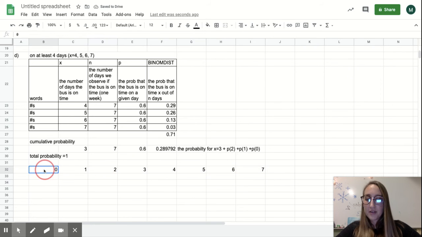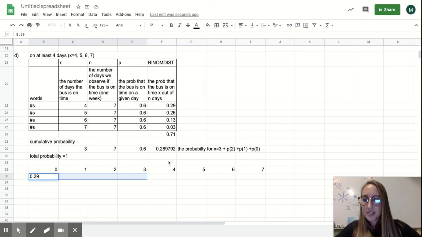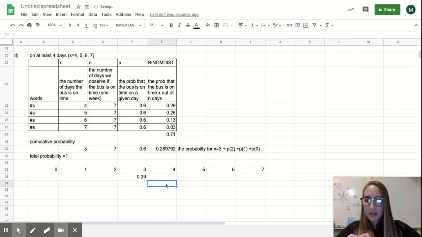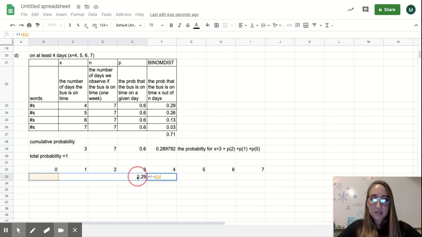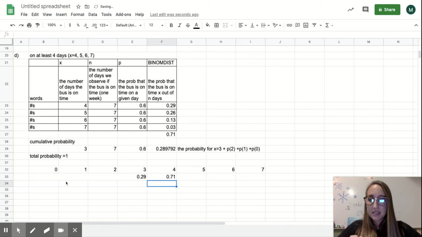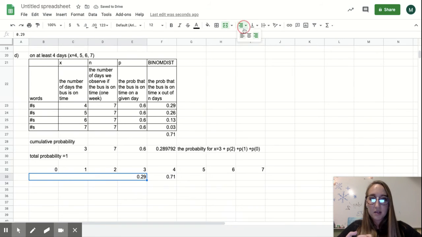Okay, I know that from 0, 1, 2, and 3, that probability as a total is 0.28, we'll call that 0.29, and that is for this chunk of the probability, which means for the other chunk, the chunk we care about, 4 or more, this has to be 1 minus the rest of it, because this whole thing has to add up to 1.